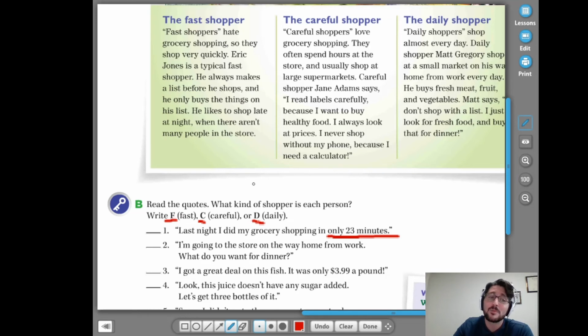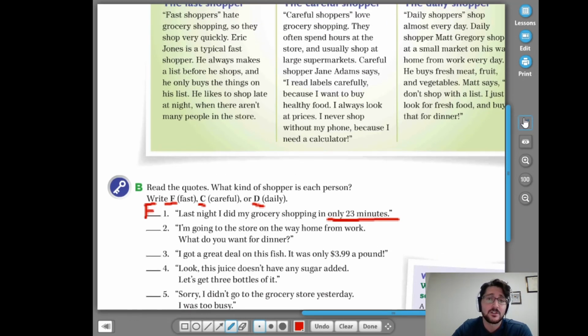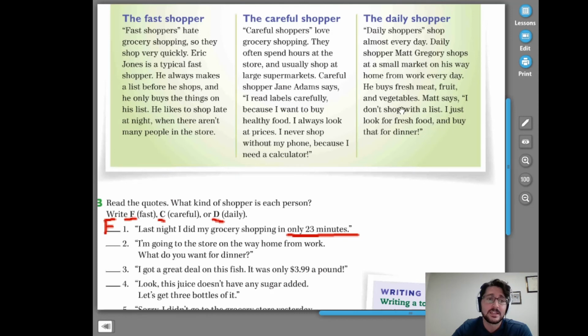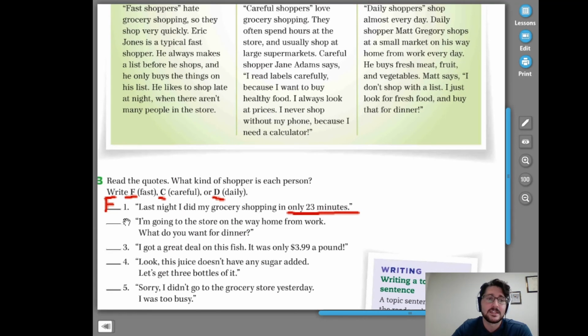So probably that is F, the fast shopper. Okay, so this is a good time to pause the video, stop the video and read the article again and match these sentences here.